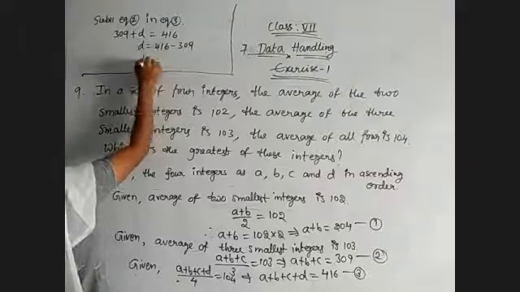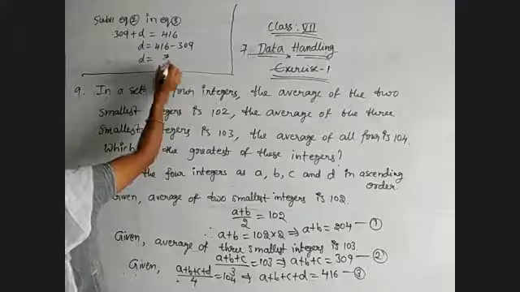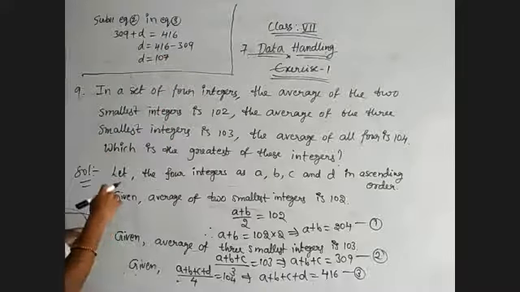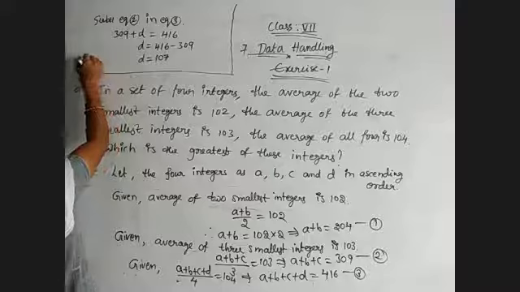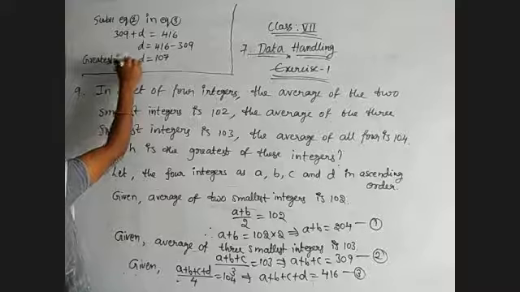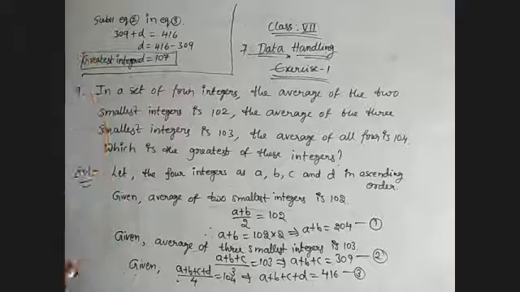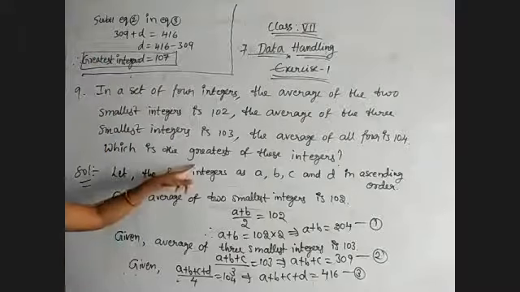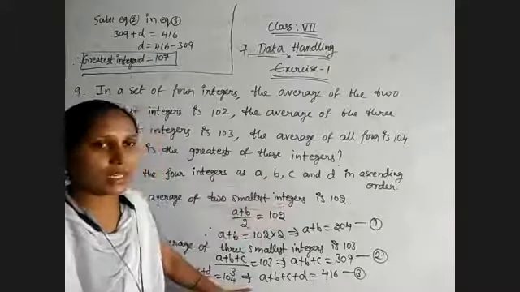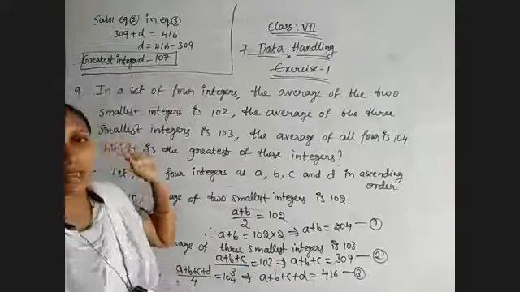So D is equal to 107. Okay. So the greatest integer is equal to 107. That's all. No need to find other integers. They are asking for the greatest integer and we are taking in order as A, B, C, D. Here we need to find the D value, and we got it from the two equations as 107.